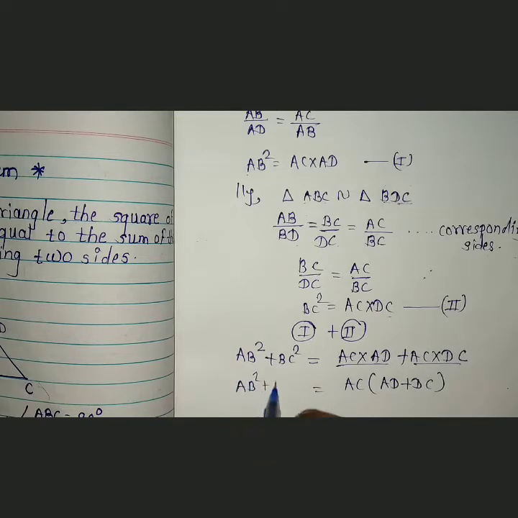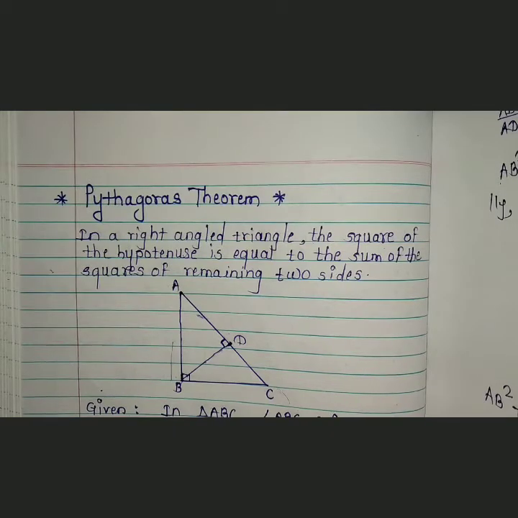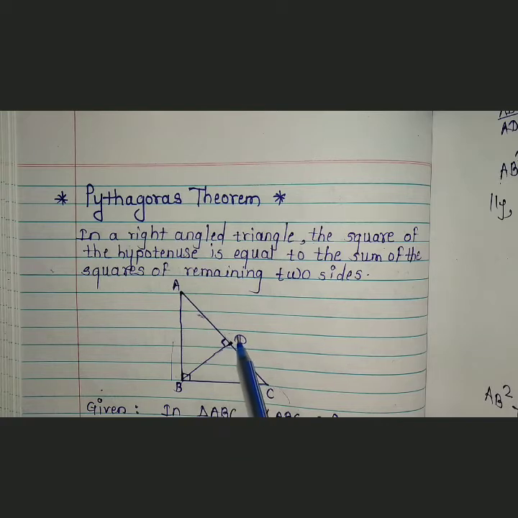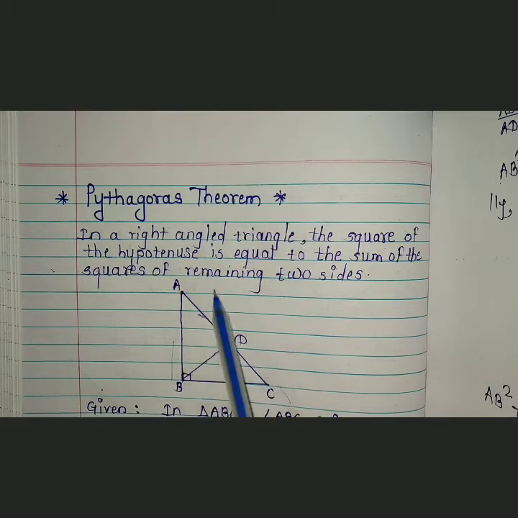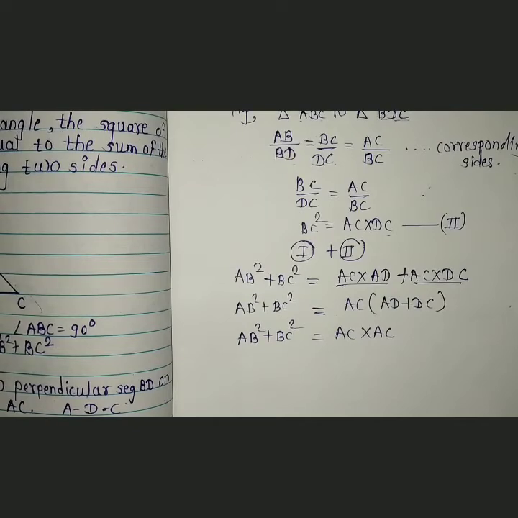AB square plus BC square is equal to AC into bracket AD plus DC. Now see the figure. From the figure, AD plus DC means AC, because D lies between A and C. Therefore, AD plus DC is equal to AC.